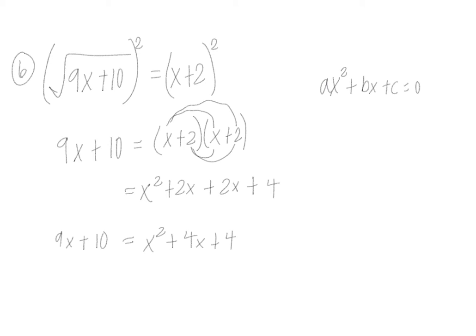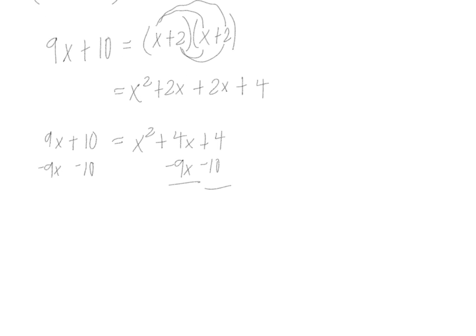So I am going to subtract 9x and subtract 10 from both sides to get that 0 equals x squared minus 5x minus 6.